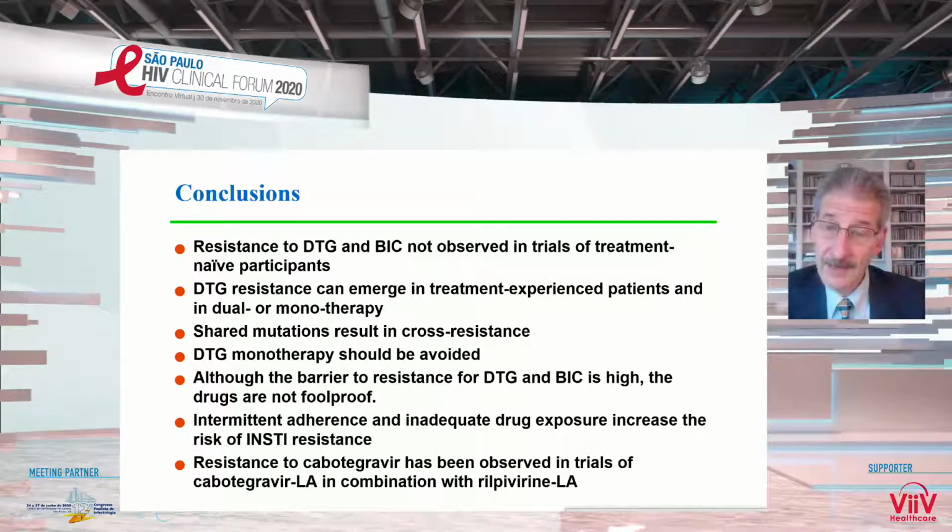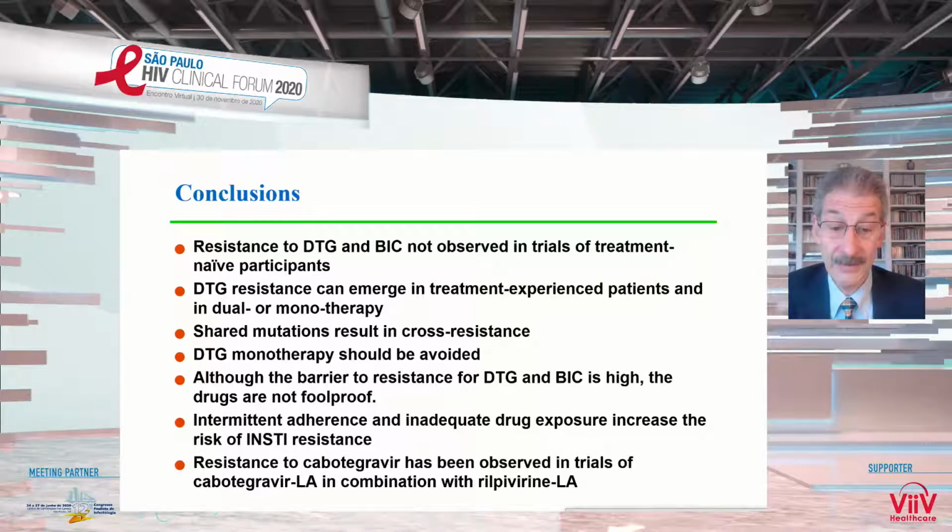I should state that dolutegravir resistance was not seen in the Gemini or Tango studies of dolutegravir 3TC dual therapy, but was observed in a pilot study conducted by the ACTG in 2 or 3 participants who had demonstrated non-adherence. Shared mutations across the class of integrase inhibitors can result in cross-resistance if enough mutations accumulate. And as with any drug, dolutegravir monotherapy should be avoided.